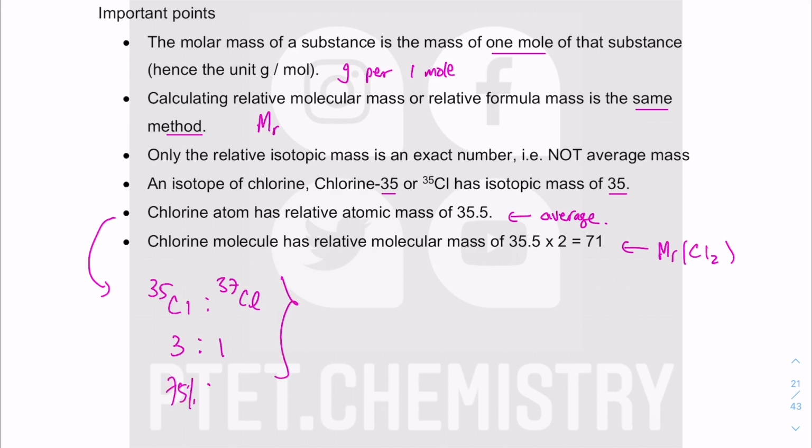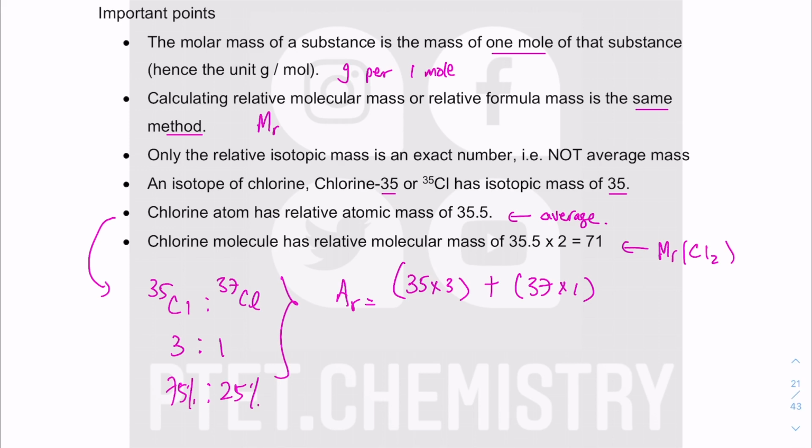So either you use the percentage or you can use the abundance ratio. The abundance ratio does not have a unit of percentage, whereas percentages are expressed out of 100%. So relative atomic mass is going to be the mass number times the abundance, so 35 times 3, and then you sum them together, 37 times 1.